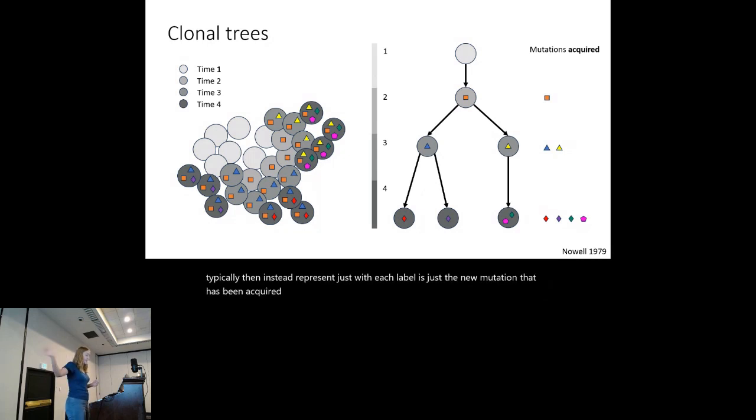You'll also notice down in the bottom right with that green diamond and purple pentagon, two mutations can be shown to have been acquired at the same time, which could biologically happen, but more often is the result of having to infer the evolutionary history from data taken from a single point in time. So when inference methods are ambivalent about the order in which those mutations came, they will cluster them like this.